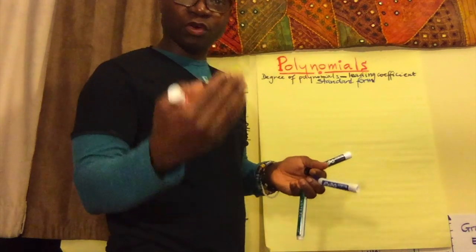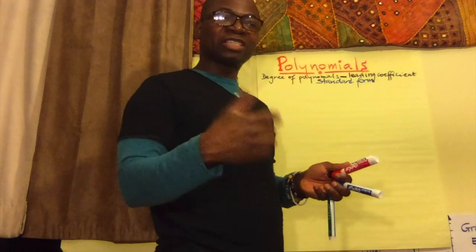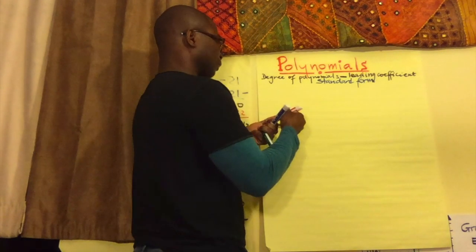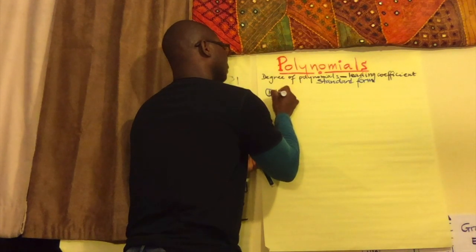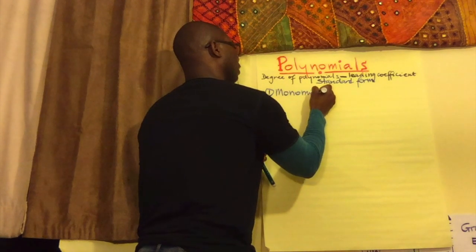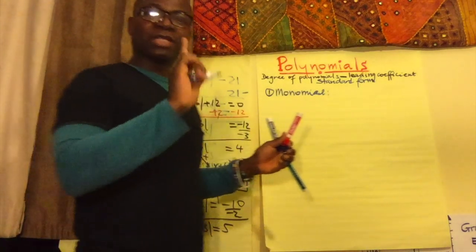But before we define what a polynomial is, let's first talk about what a monomial is. Mono means one. Mono means single. Monomial. Okay, so let's write this down. Monomials. Mono means one.